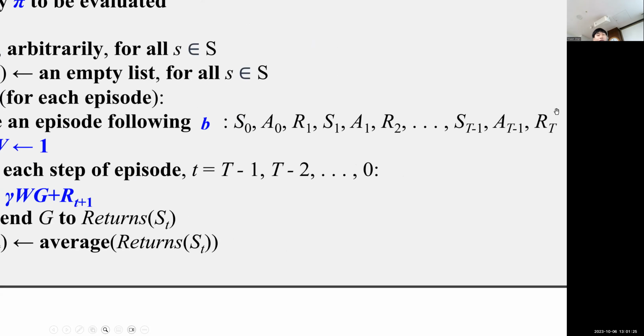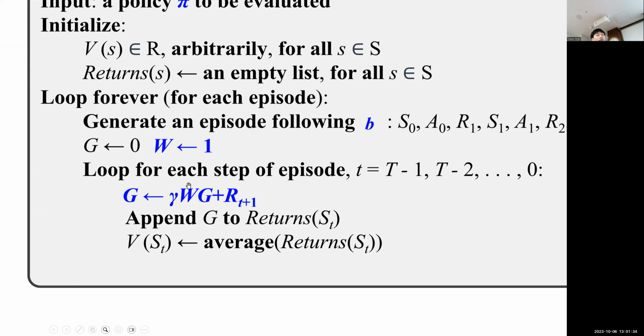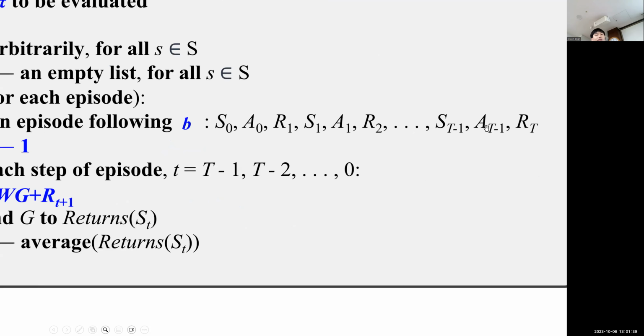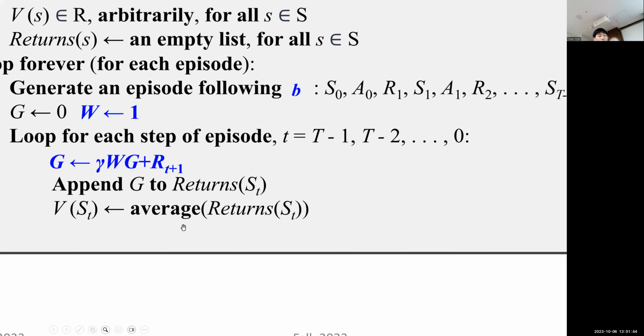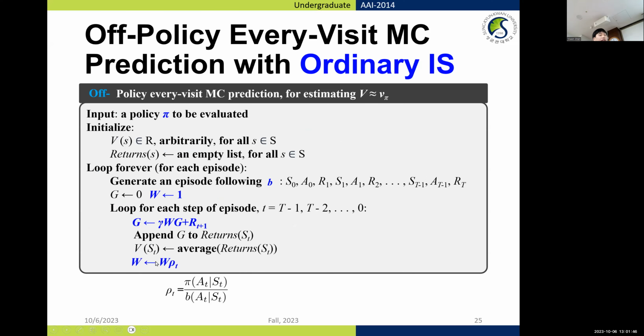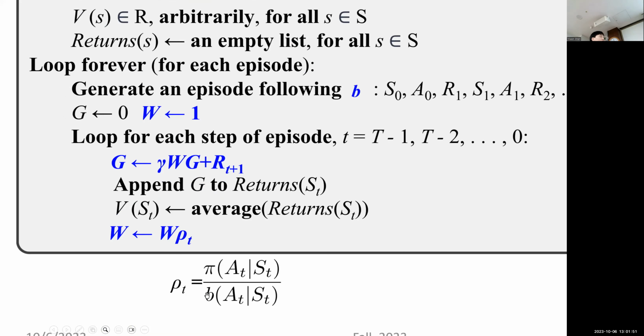So we trace back from T minus 1 to the beginning of the episode. In the first step, W equals 1, and you just add the last reward, RT. Now we update W based on the importance sampling ratio. Rho T is pi divided by B, where T here is a particular time point.